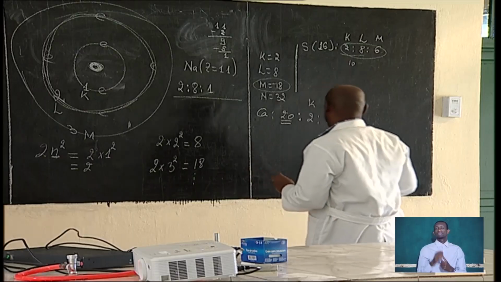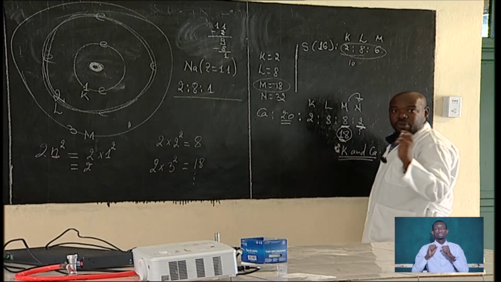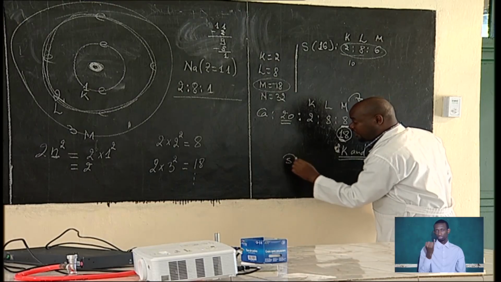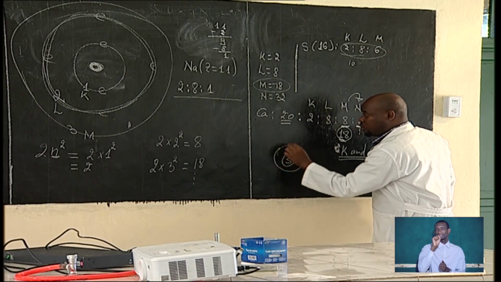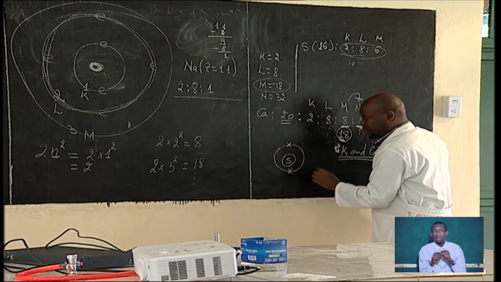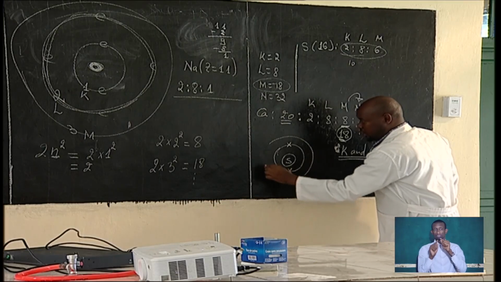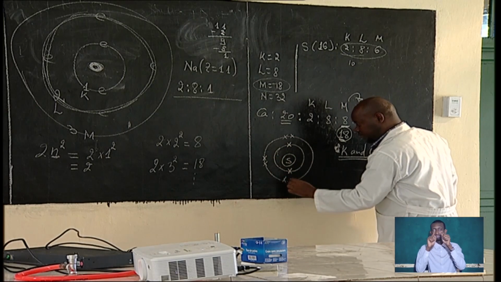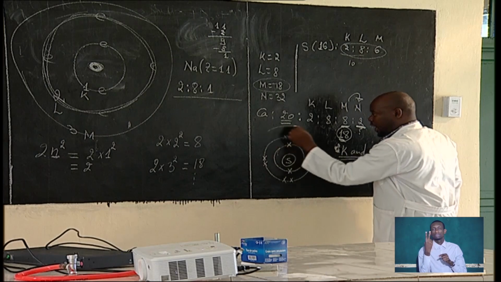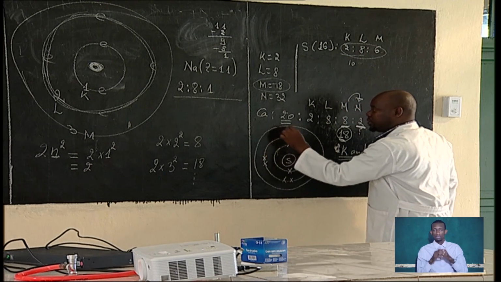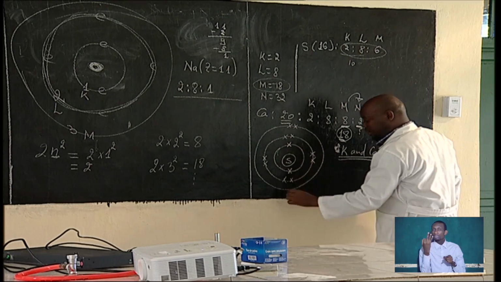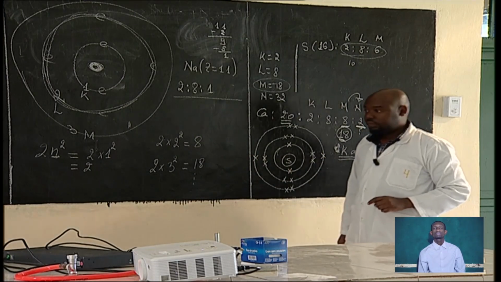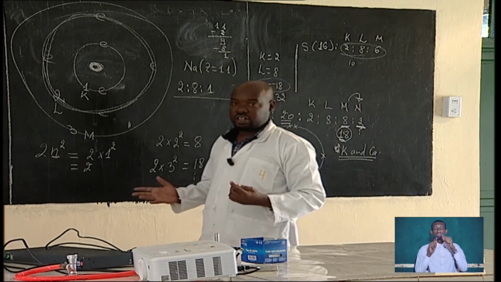For this sulfur, you can also represent it by using a diagram. So we have sulfur here, and the 2 electrons in the first energy level, 8 electrons in the second energy level, and 6 electrons in the third energy level.